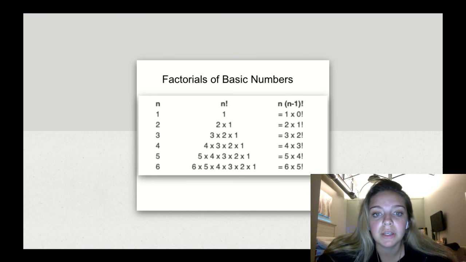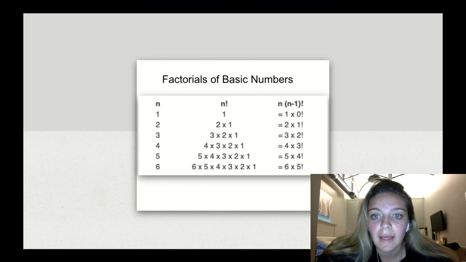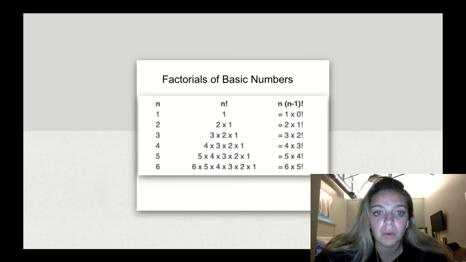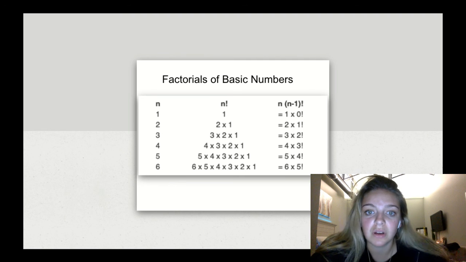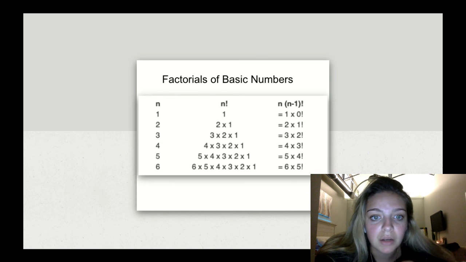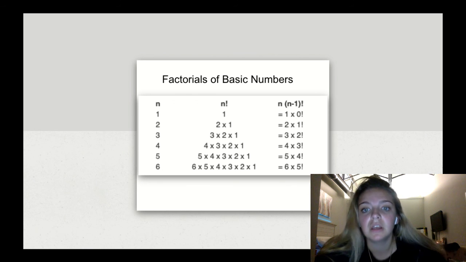I'm also pulling up this chart, and it gives the factorials of basic numbers. We're seeing that lowercase n is the integer, and it goes from 1 to 6, and on the side it is giving the equation written out.